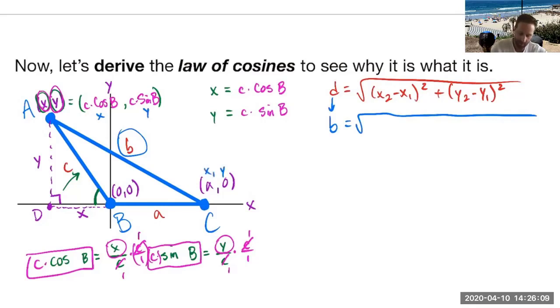I'm going to call this my first point and this my second point, and then plug those into my distance formula. I will get a big x2, which we said was c times the cosine of B, minus x1, which was a. And that whole thing would be squared, plus then I'll take the y2, which was little c times the sine of B, and subtract y1, which was 0.